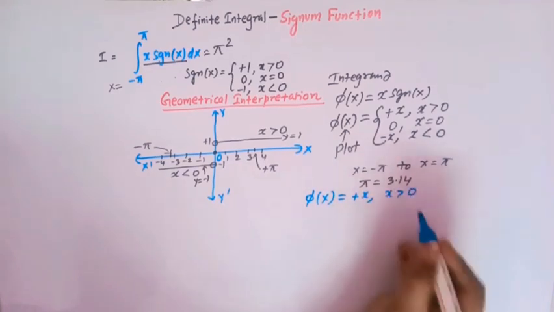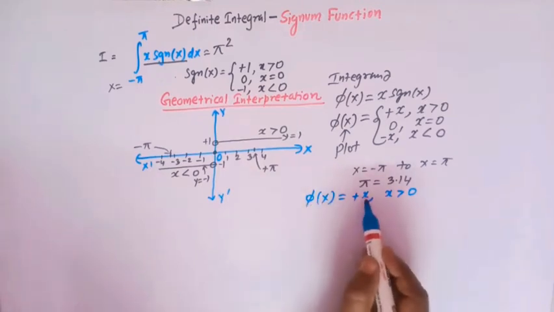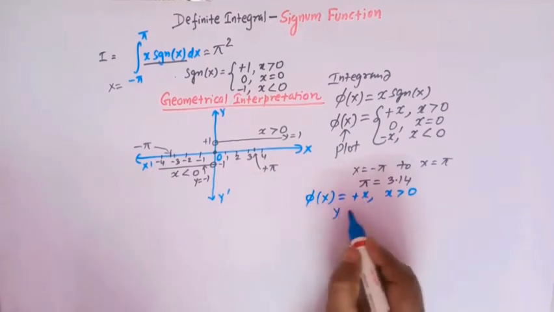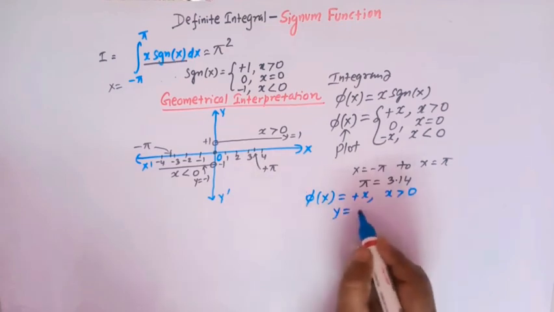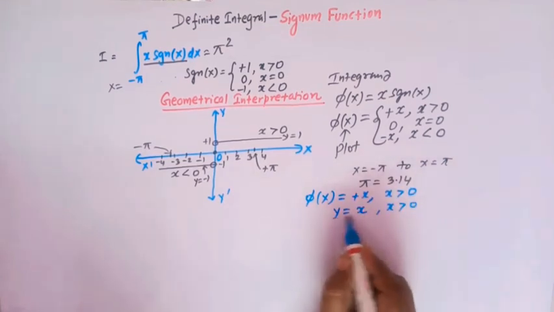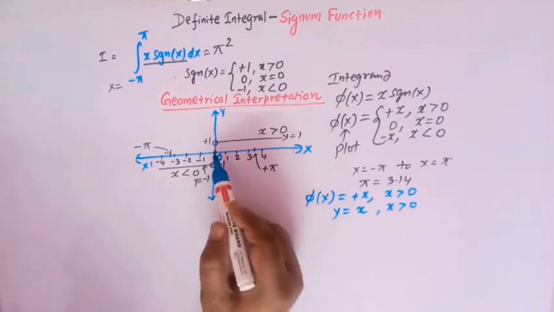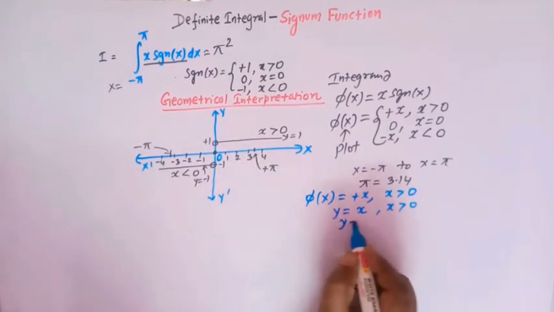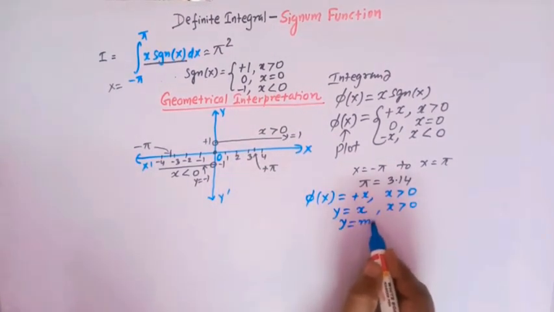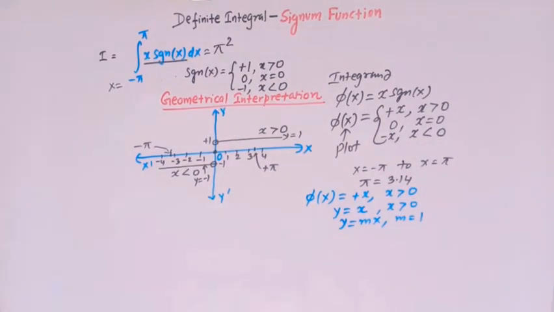Now let us take the first one, that is phi of x is equal to plus x whenever x is greater than 0, right? Now this function phi of x is equal to plus x is equivalent to y is equal to x, and this is a straight line with positive slope passing through the origin, because this is equivalent to y is equal to mx, where m is equal to 1.